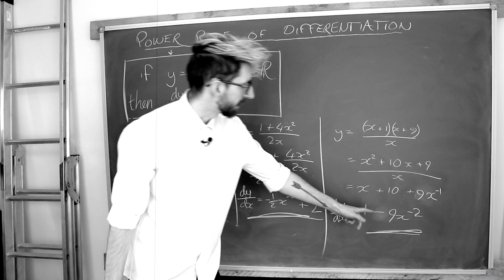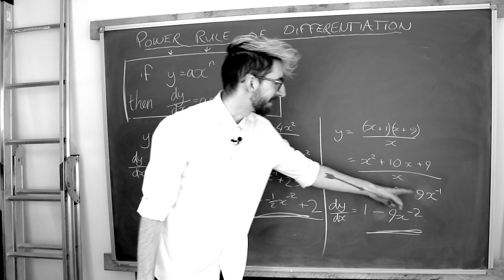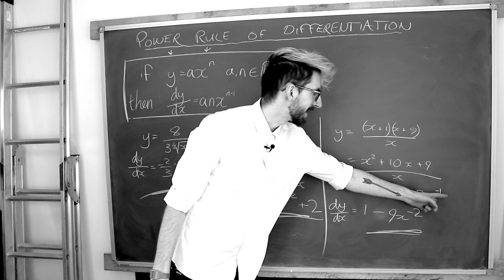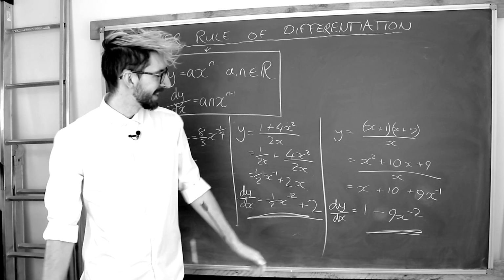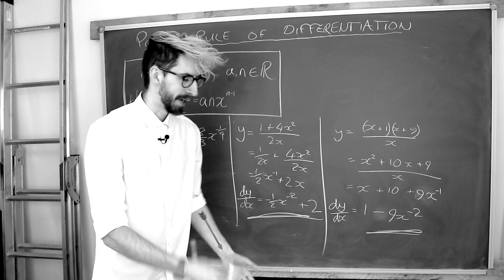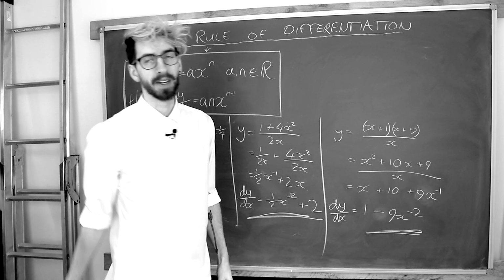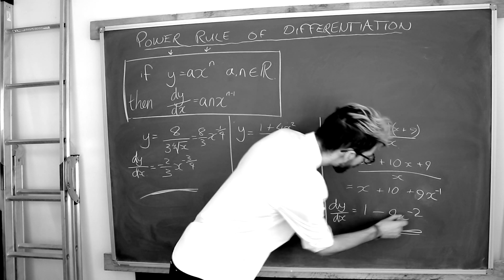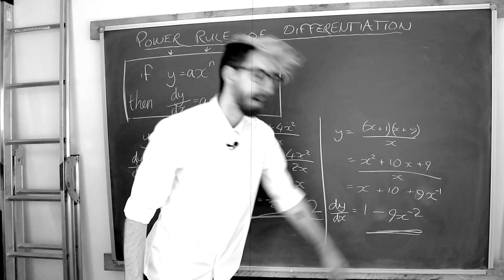What you might have noticed there is that I wrote a plus. Notice that the 10 disappeared, went to the next one, then I realised that the minus 1 goes to the front, so it becomes a minus. So I quickly corrected that. If you're doing it in pen, you might want to go plus minus 9x to the minus 2. Still the same. That minus 2 looks huge, but it is in the power of x.